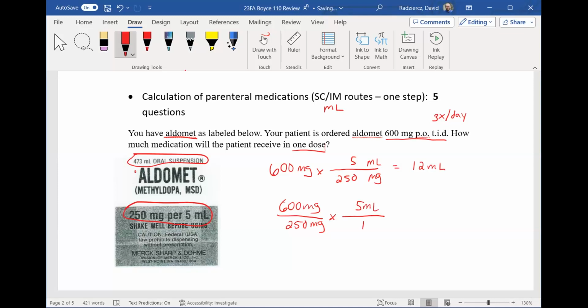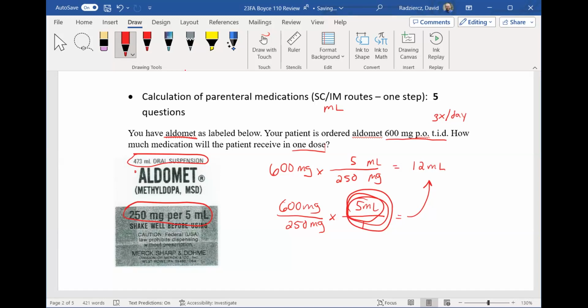Sometimes you answer these questions correctly by accident because it's just 250 milligrams per ml, so you're just multiplying by 1 anyways. You don't need to worry about it. But you've got to remember, if you're doing ordered over have, you've got to account for your quantity. And you're going to get the same answer, 12 milliliters.